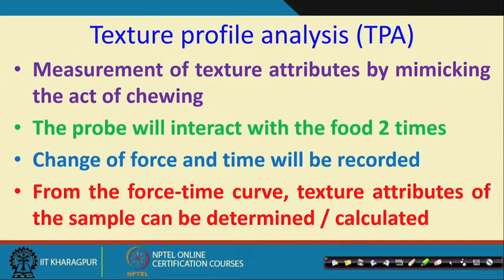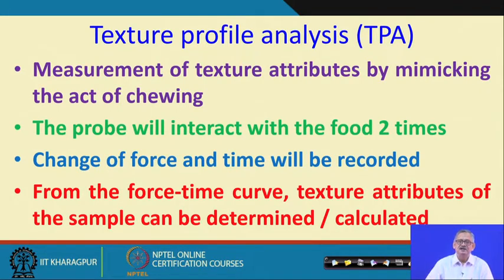If we look at the other one, we said in the other class, the texture. The texture is normally analyzed through a texture profile analysis, TPA. We said the UTM, universal testing machine.